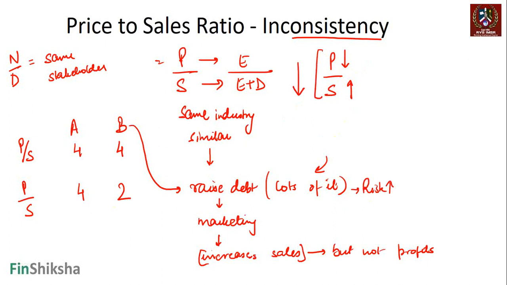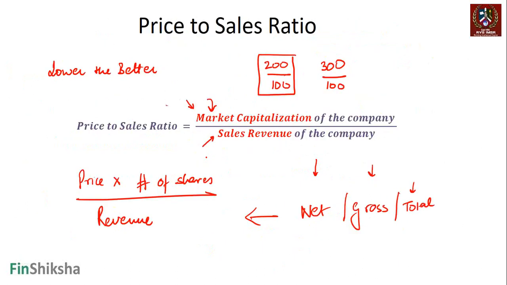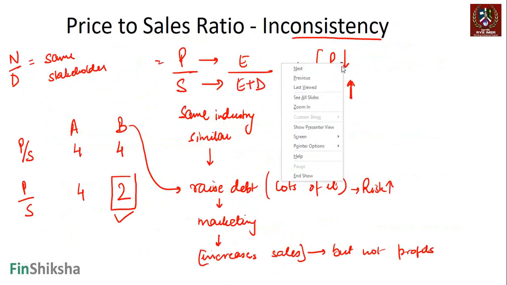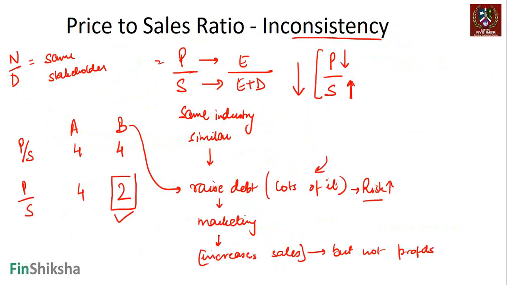Now, once this ratio becomes 2, based on our earlier premise of lower the better, if I don't look at all other things and I only look at this ratio, I'm going to choose firm B for investment. And that is going to be the incorrect decision, because this firm has increased its sales due to higher debt, and its price has fallen because of the higher perceived risk from that debt.